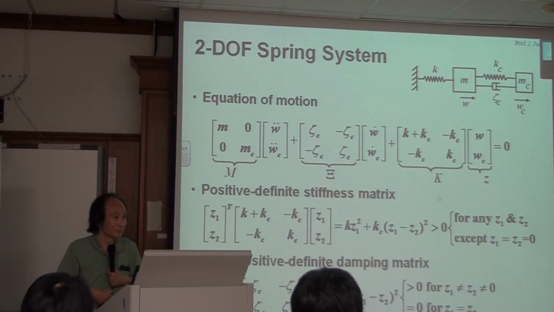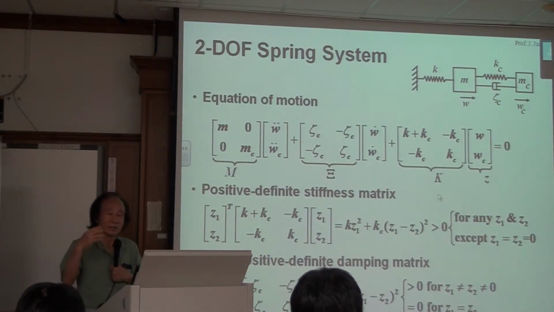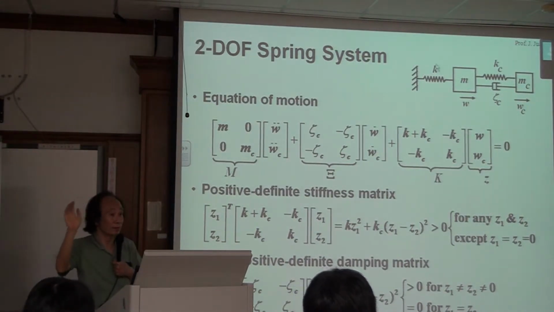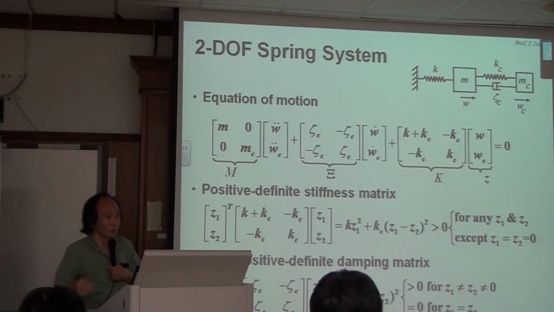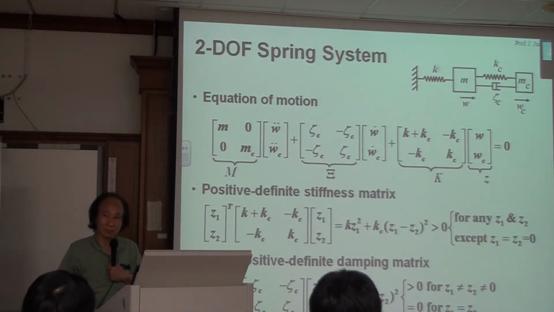Right? That's what I mean by model independent. As long as KC and ZLC are positive, doesn't matter what kind of system K you got, this system is stable. However, performance-wise is different. We'll look at performance later. What kind of performance you are going to get depends on how much KC you put and how much ZLC you put.